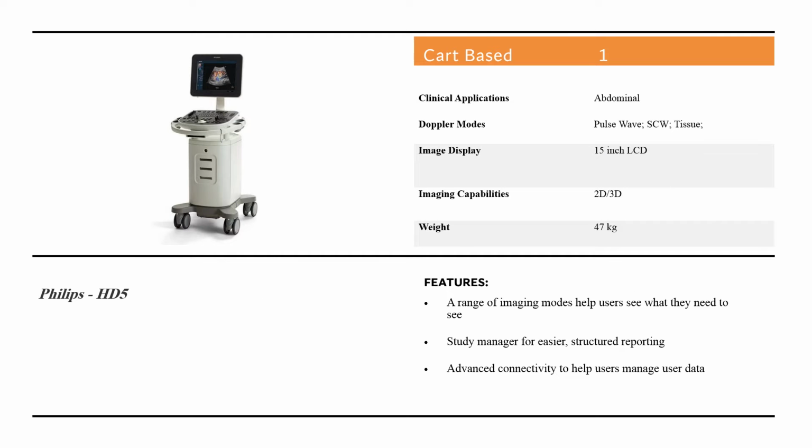The third candidate device is Philips HD5. In specification, it is cart-based, with clinical application used in abdominal, imaging Doppler, pulse wave, tissue, imaging uses 2D, 3D, and weight is 47 kilograms.